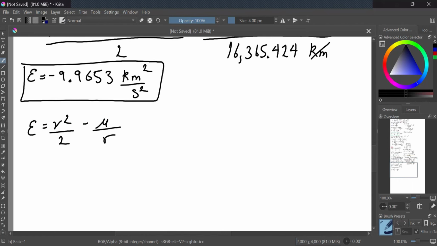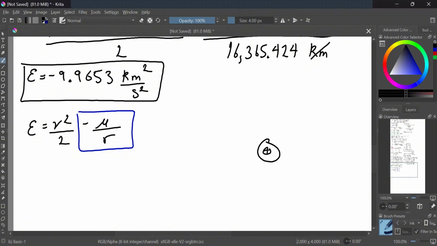And the potential term, if you'll note, is negative. That means that in our system, our gravity term is dominating the kinetic term. And what does that mean?